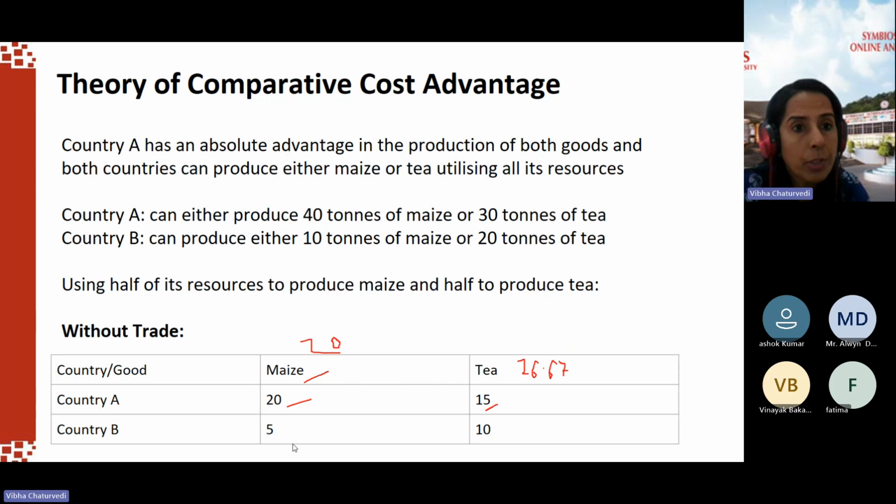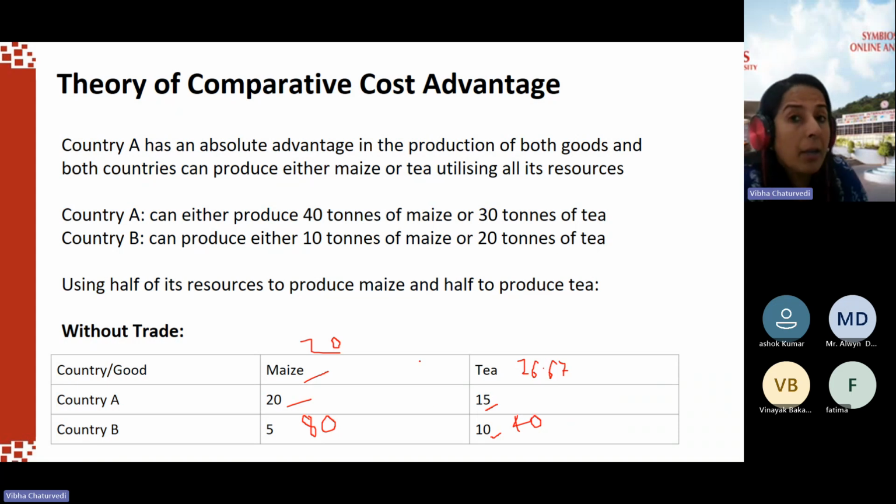So how much resources are getting consumed here to produce each ton of maize? 80 units of labor. On the contrary, if it were to employ all 400 units of labor to produce only tea, it is going to produce 10 tons of tea, which means 40 units of labor go into the production of each ton of tea.